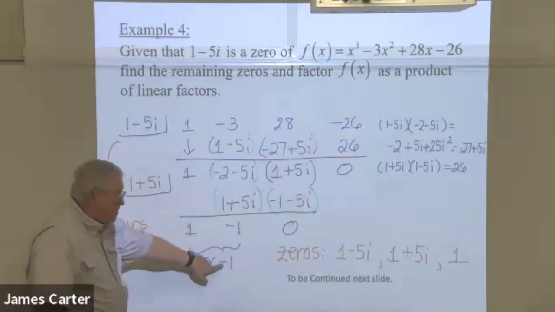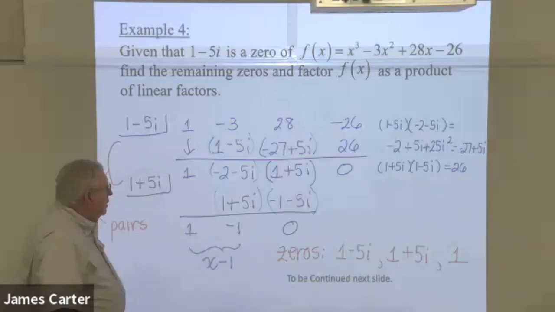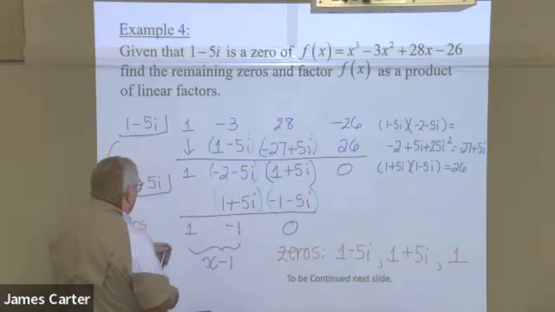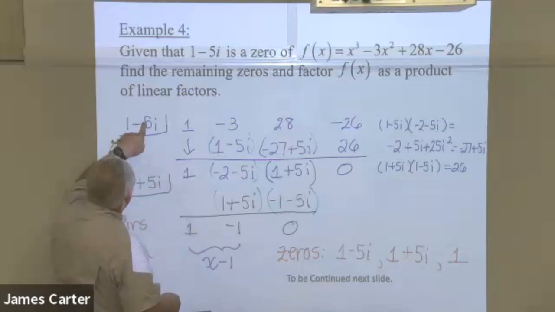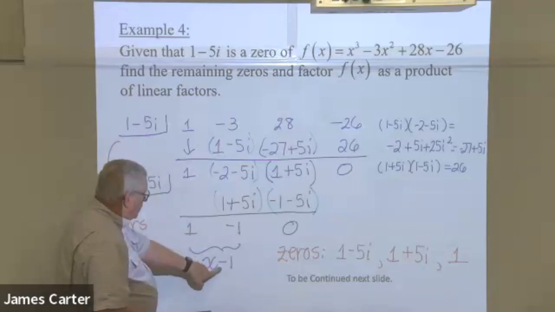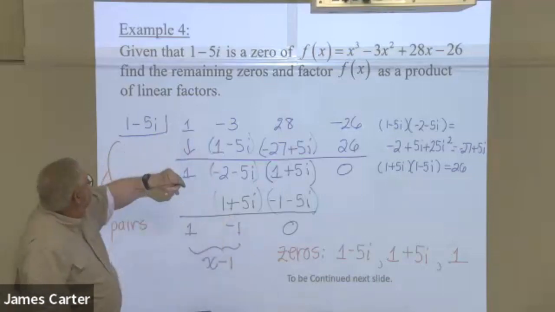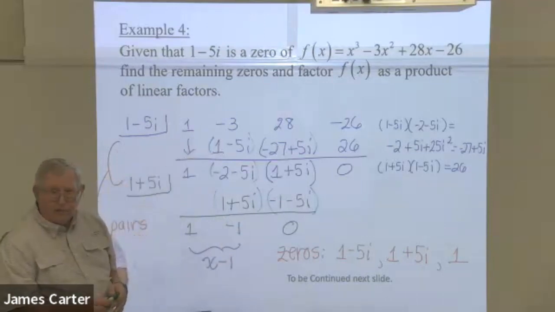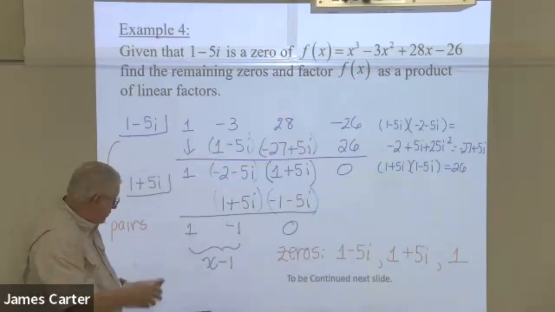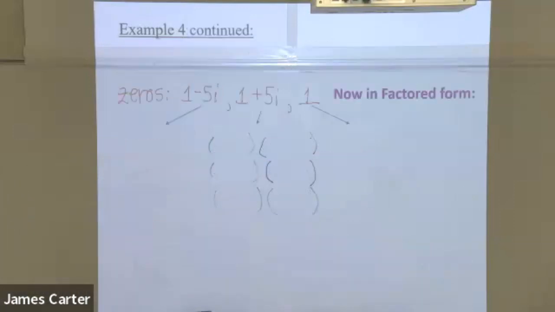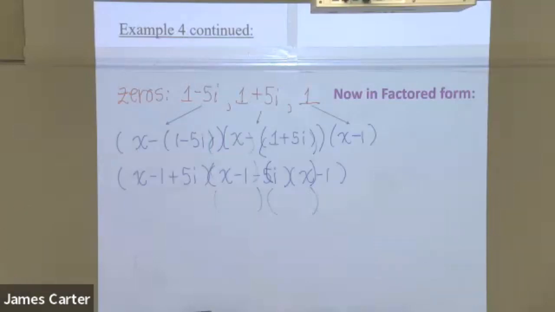Well, this translates into x minus 1. So look what we had then for our zeros. We had this, and positive 1 would be our 3 zeros for a third degree equation. Okay. So this one does work on our system just like the others, and there's the factors and the solutions.